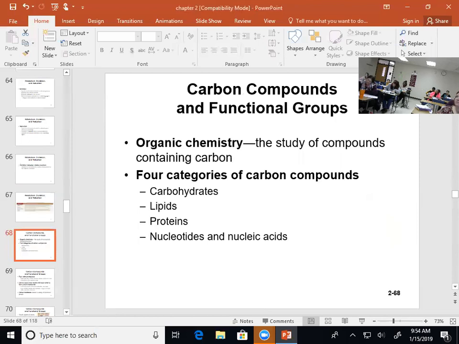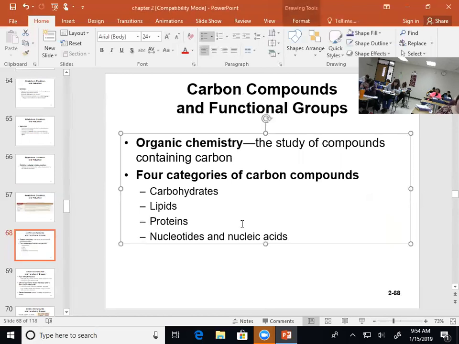How they're playing together, making these huge macromolecules. These are the four classes of macromolecules: carbohydrates, lipids, proteins, and you can just write nucleic acids if you will, and I'll talk more about that. Nucleic acids are made of nucleotides. But write these four categories down. These are huge molecules made of a lot of those four things plus other atoms, right?